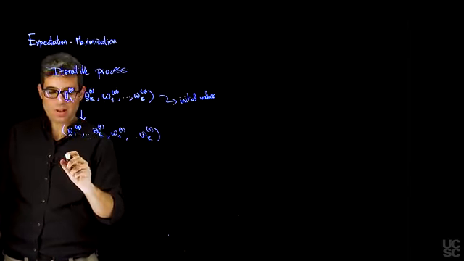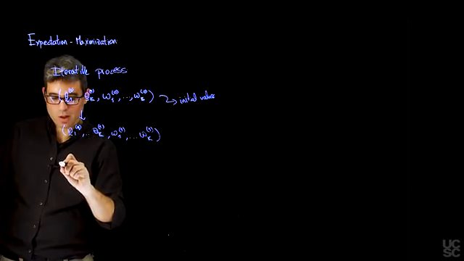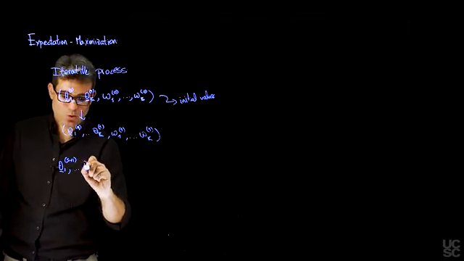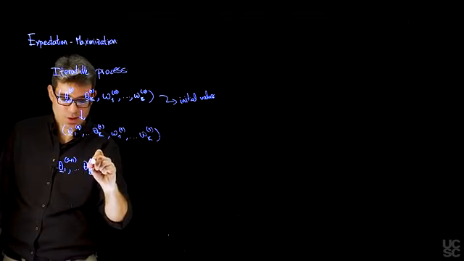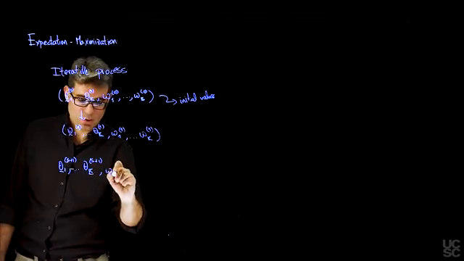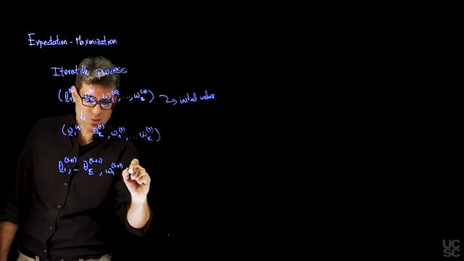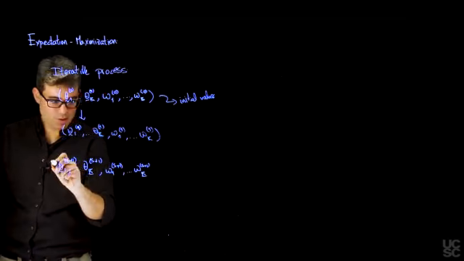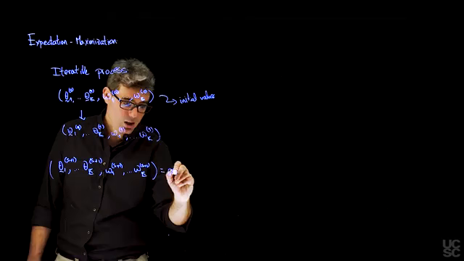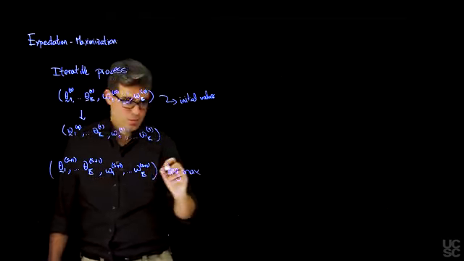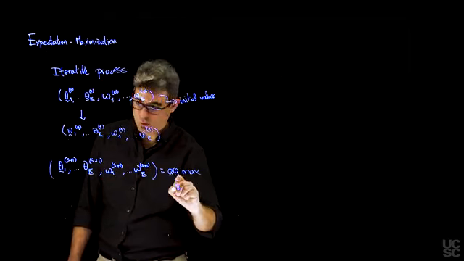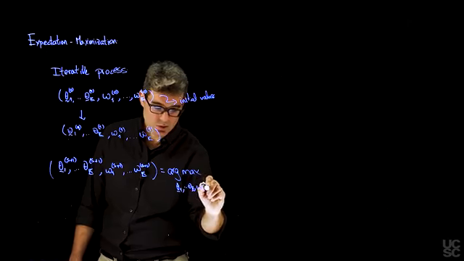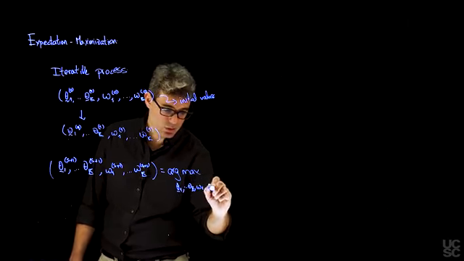So the way in which we're going to proceed is we're going to compute θ_1 in iteration s+1, all the way to θ_K in iteration s+1, ω_1 at s+1, ω_K at s+1, as the argmax, obviously over θ_1 up to θ_K and ω_1 up to ω_K.